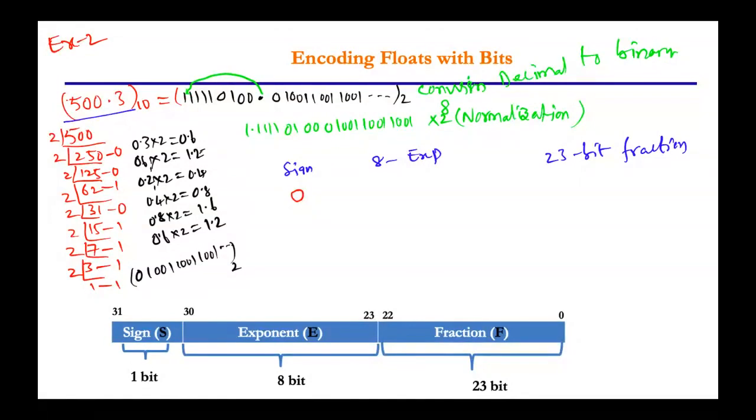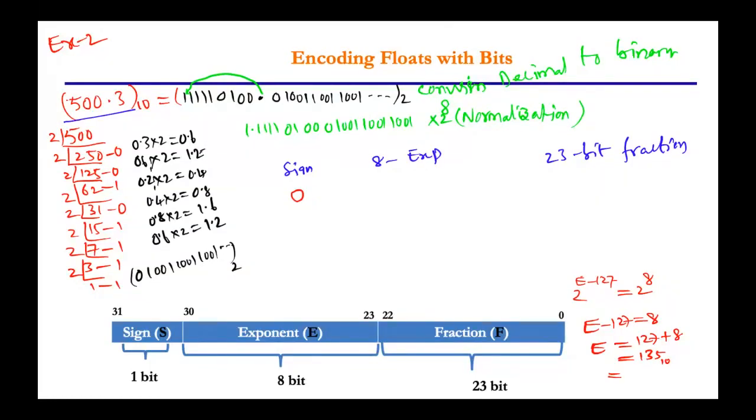As we know, this exponent is given as 2 to the power of e minus 127 is equal to 2 to the power of 8. So e minus 127 is equal to 8, because the same base is there. So you will find e is equal to 127 plus 8, that is 135 in decimal.